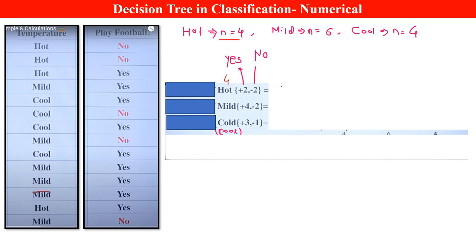The probability of yes is 2 times out of 4, so you get 1 minus (2/4)², and then probability of no is again 2, so (2/4)². If you calculate this value, it comes out to be 0.5.